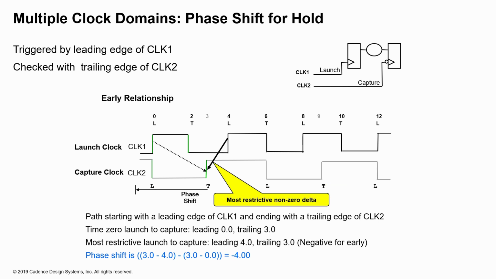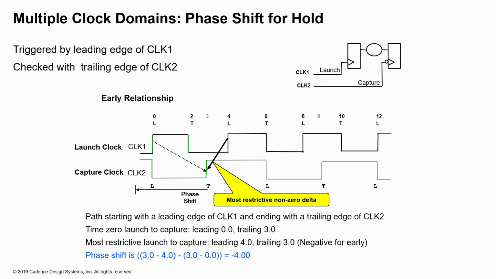We'll use the same clocks of 4 and 3 for the hold example, and in this case the most restrictive non-zero delta is again 4 launch and 3 capture, so you have capture minus launch, 3 minus 4, which is the capture edge minus launch edge, and minus 3 is where the capture is happening for a launch edge of 0, so minus 3 minus 0 for the first clock cycle.